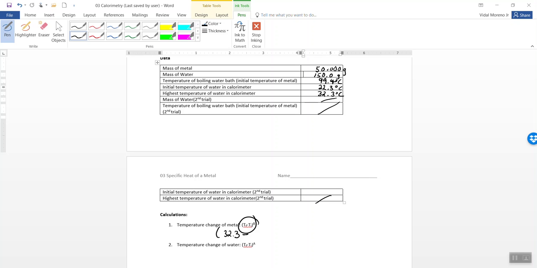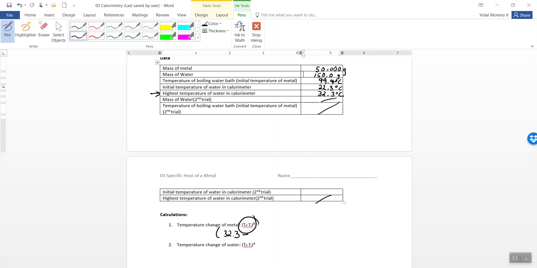When the temperature stops moving, we assume, according to the second law of thermodynamics, that the temperature of the metal and the water are the same. So we actually measured the temperature of the water here, and we're assuming that that is also the metal's temperature. Once again, to find the initial temperature, there's no way we can know.